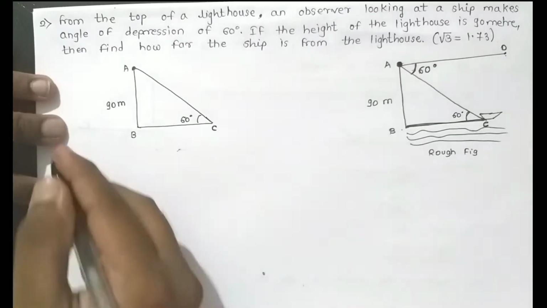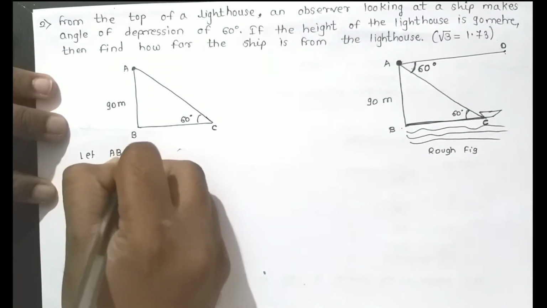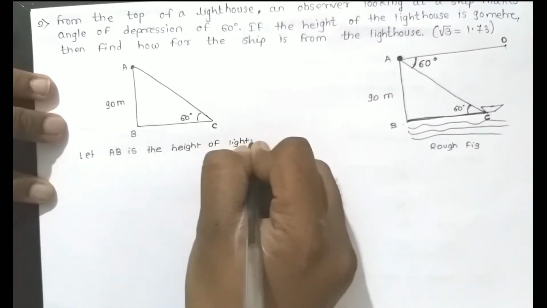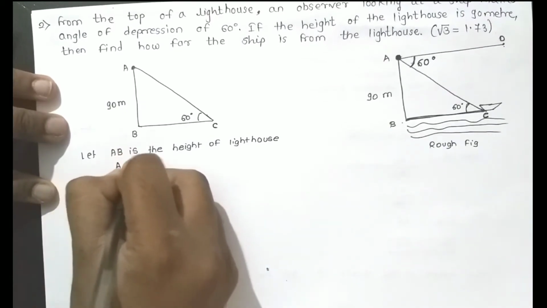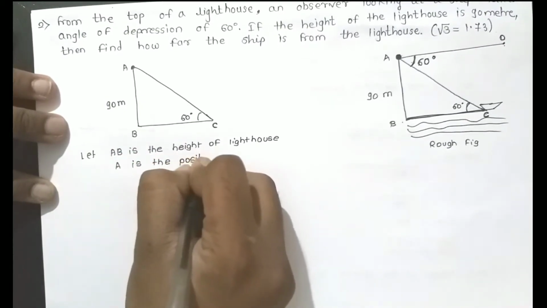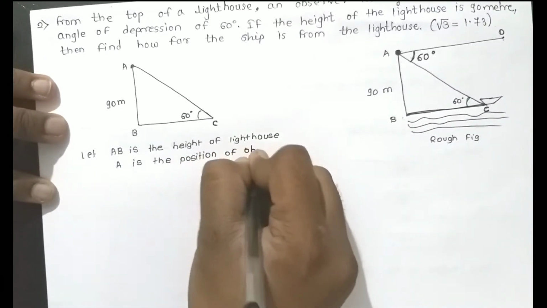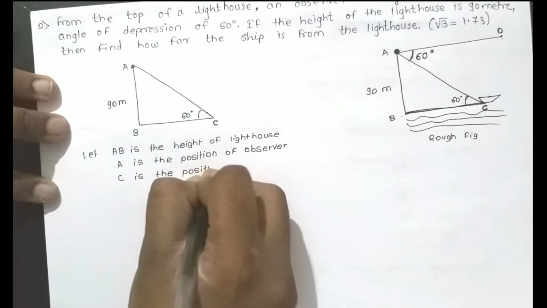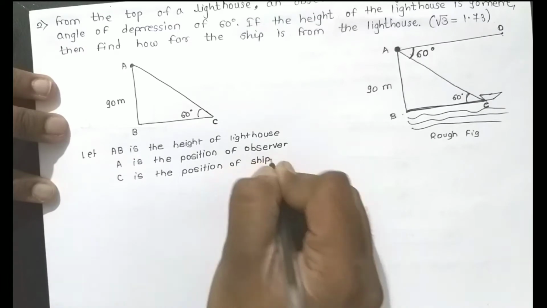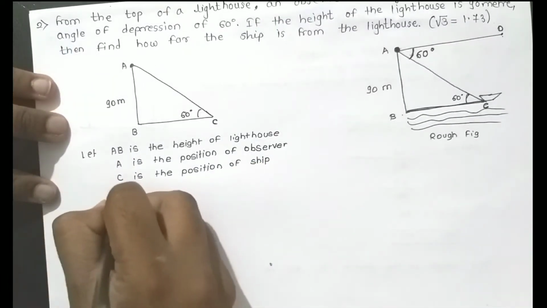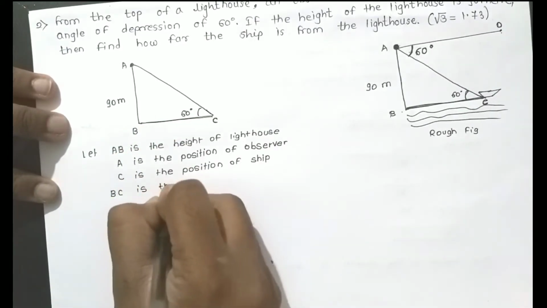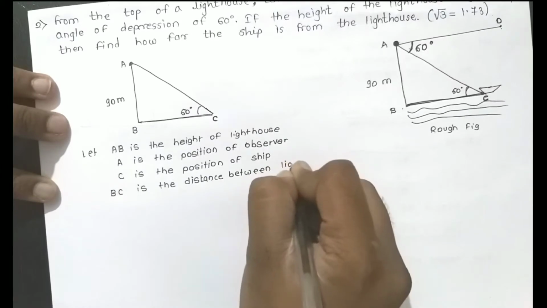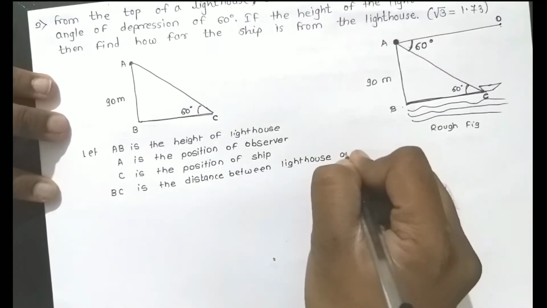So write the information: let AB be the height of the lighthouse, A the position of the observer, C the position of the ship, and BC the distance between lighthouse and ship.